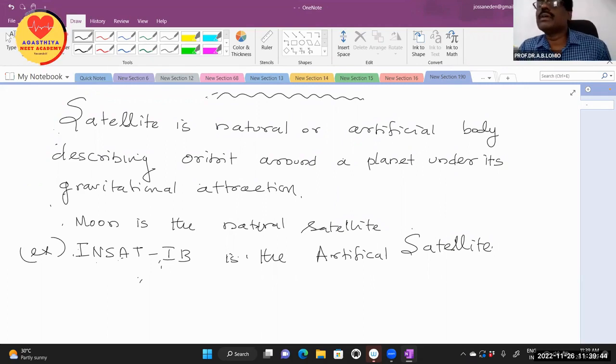Next terminology in this topic is orbital velocity, the orbital speed of the satellite. The minimum velocity which is required to put the satellite into the orbit is called the orbital velocity of the satellite.